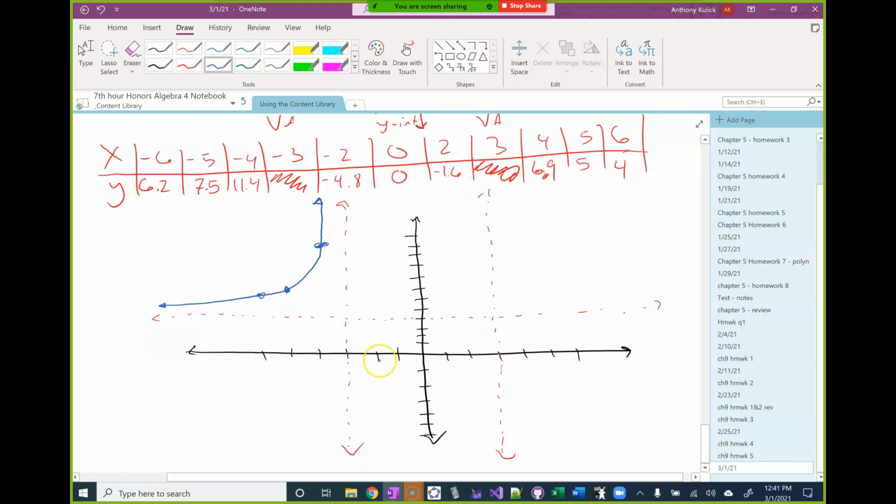Okay, so -2 and -4.8, like there. 0, 0, 1, 0, and 2, negative 1.6. Now I have a little bit of a conundrum here.